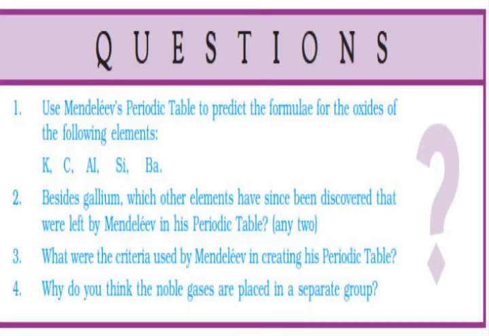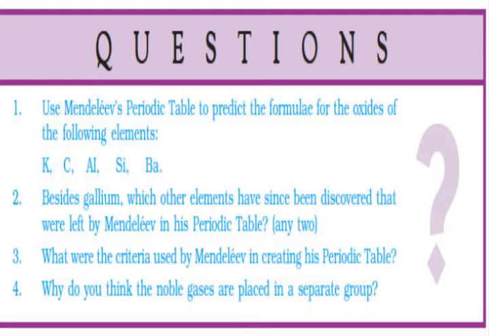The first one is based on Mendeleev's periodic table: predict the formula for the oxides of the following elements: potassium, carbon, aluminium, silicon and barium.